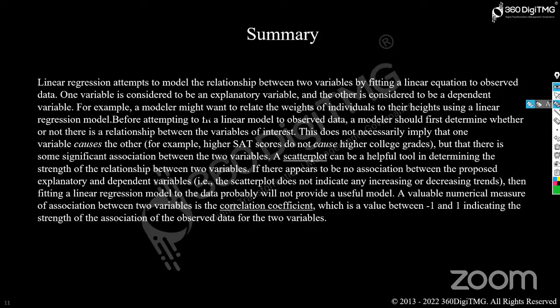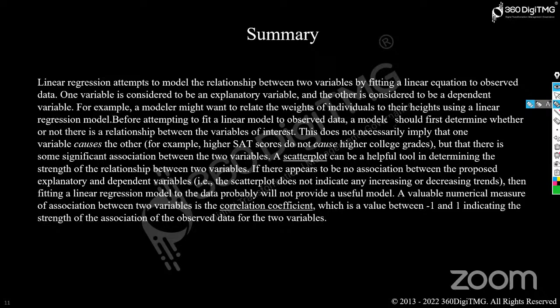Let's say, for example, a modeler might want to relate the weights of individuals to their height using linear regression. Even if we talk about a sports person, the height and all these things matter.